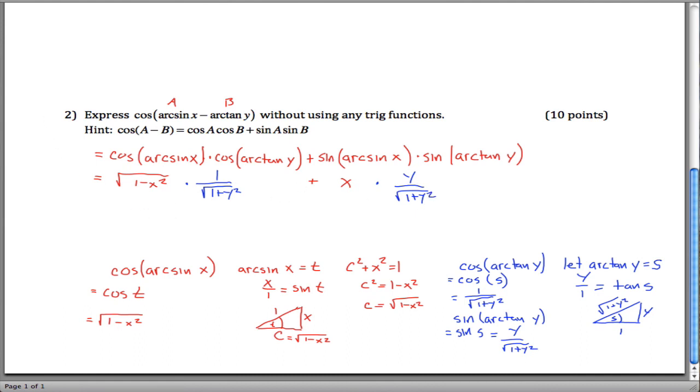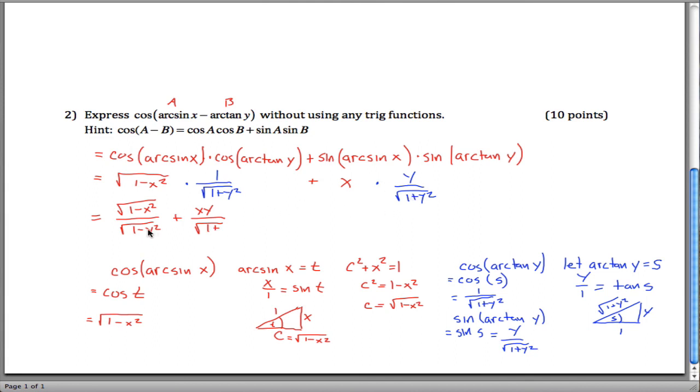So my answer is this mess here, which I can clean up a little bit. I can say this is the square root of 1 minus X squared divided by the square root of 1 plus Y squared, plus X times Y divided by the square root of 1 plus Y squared. That's not right, what happened there?